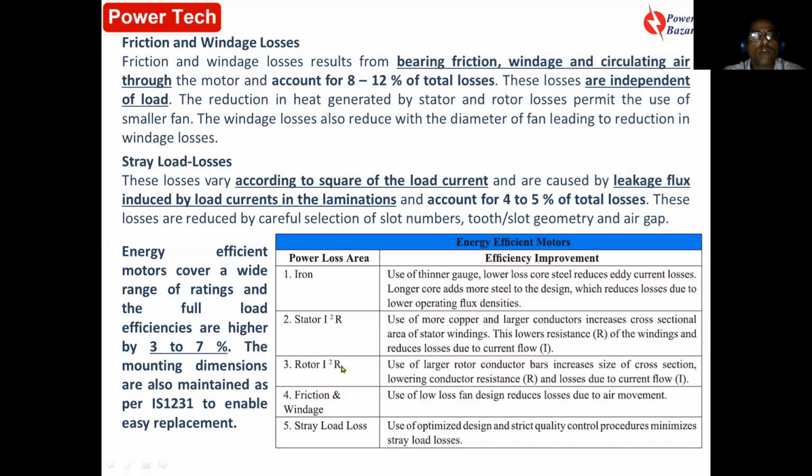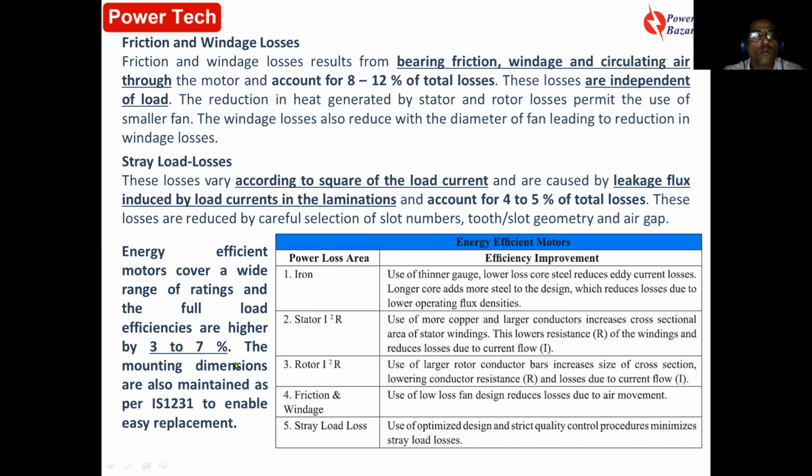And rotor I square R loss, by going for good conductor, copper conductor in rotor bars, by reducing the resistance of the rotor. Friction and windage loss, by going for low loss fan design, so that your air movement will be lower. But you have to optimize, you also need the fan to cool the motor, otherwise heat generated within the motor cannot be dissipated. Stray load loss can be optimized by quality control and by good selection of slot numbers and so on.